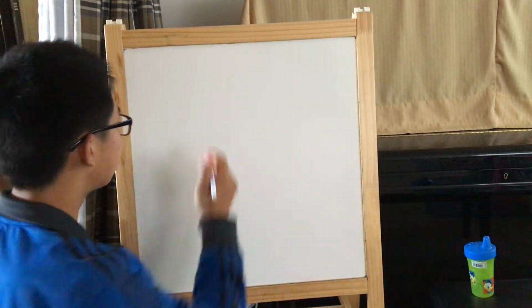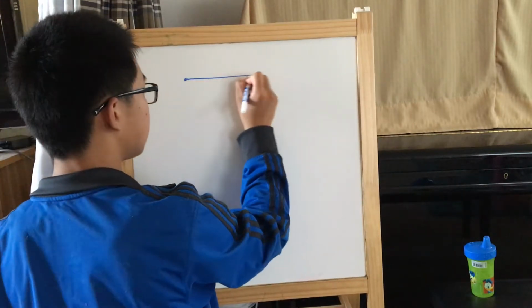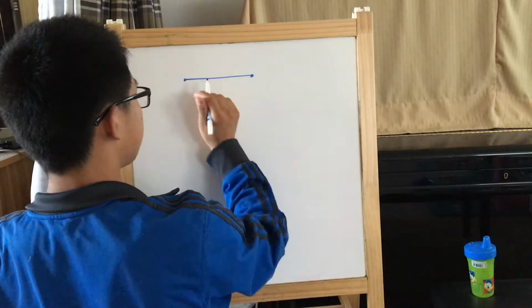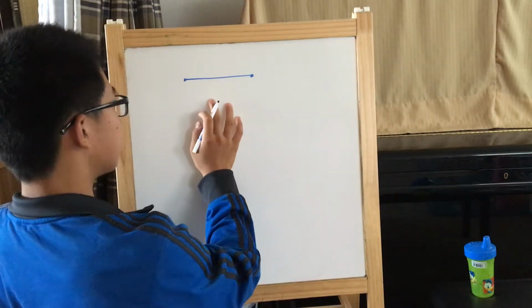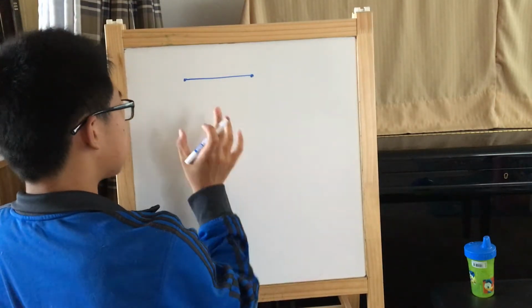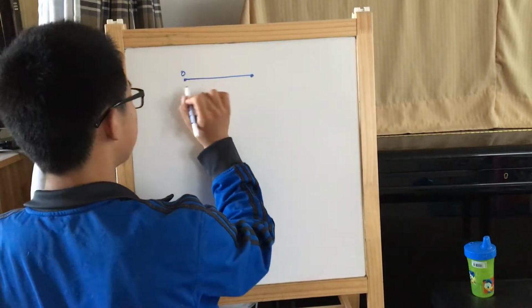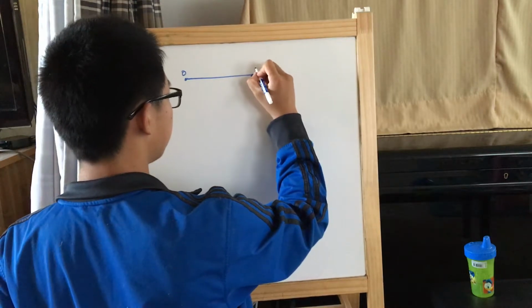So the problem is we have a line segment, length n, and 2 points are chosen on it independently at random. Well, instead of thinking of it as a line segment, we can think of it as a section of a number line, with one endpoint corresponding to 0, the other endpoint corresponding to n.